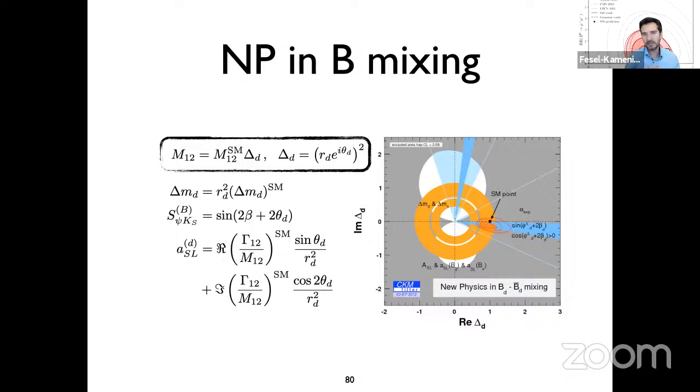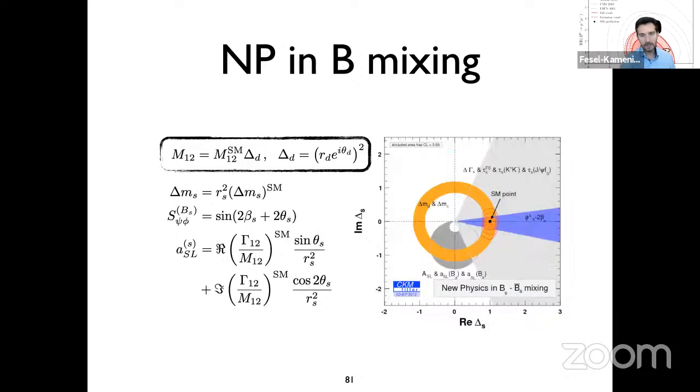And we see that in the case of B sub D mixing, the new physics is allowed only to populate a region of parameters which is close to the standard model point. So very broadly speaking, up to order 20% corrections relative to the standard model predictions are still allowed by data. The situation is similar in the case of B sub S mixing contributions.